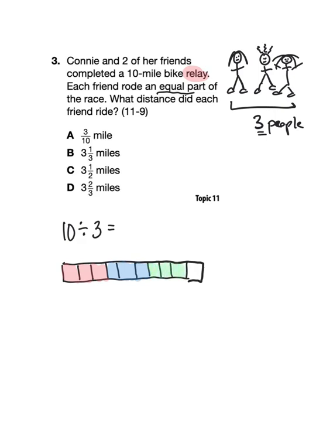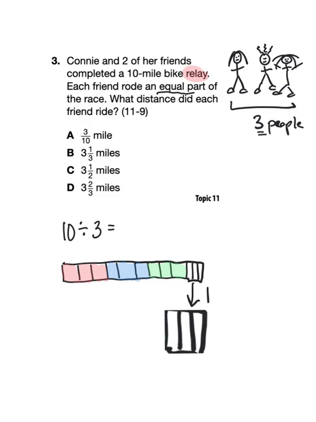So each friend is going to complete 3 miles and 1/3 of a mile. So we're going to take this final mile here and divide that final mile into 3 equal pieces. If I can grab it and make it a little bit, okay.